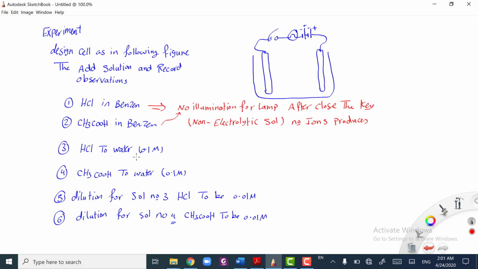When we add HCl to the water to be 1 molar concentration, there is strong illumination of the lamp, since HCl is a strong electrolyte, completely ionized.